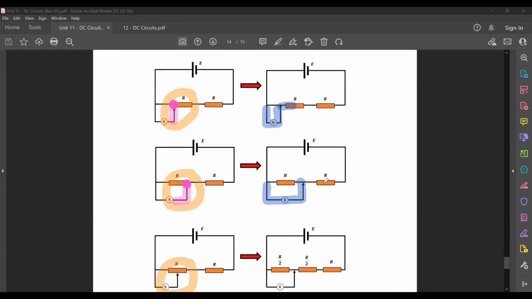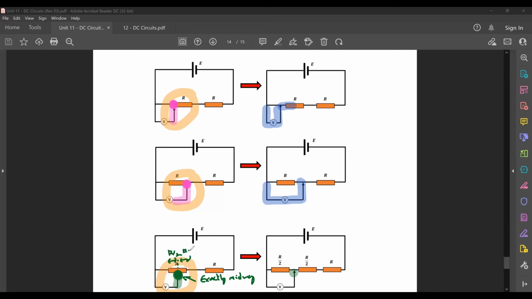But if you look at the last diagram, if it's connected somewhere in the middle of your resistor, it actually has the effect of splitting up the resistance. If this one is exactly midway of your potentiometer, you can think of the resistance as having been split into two.